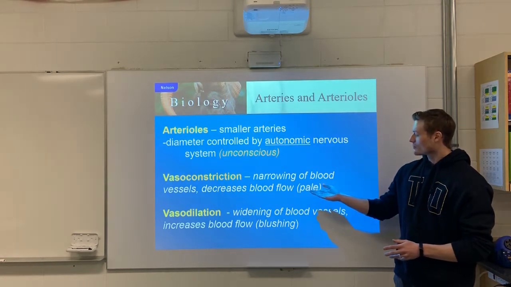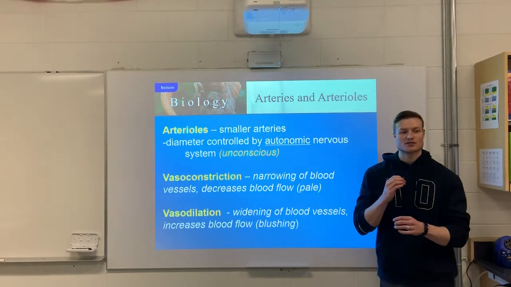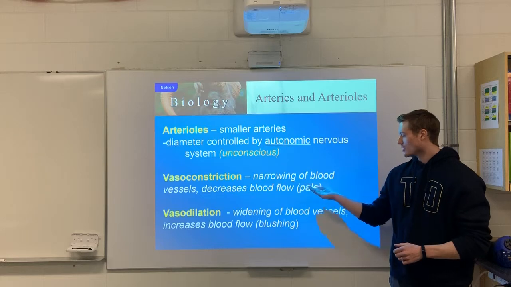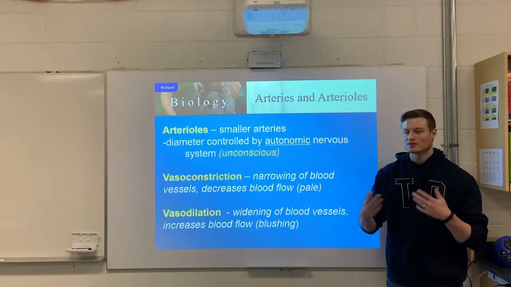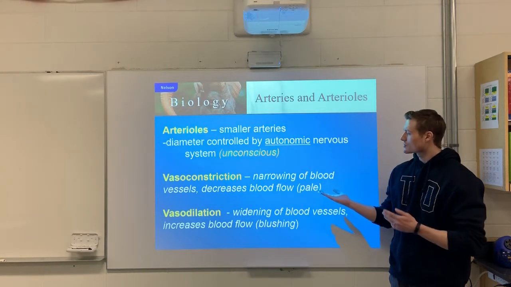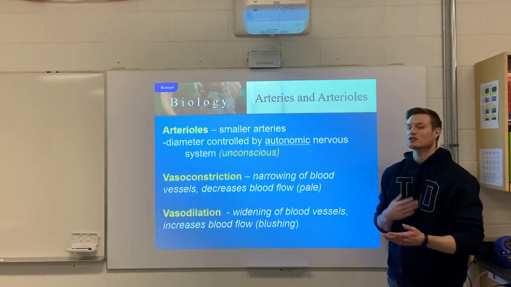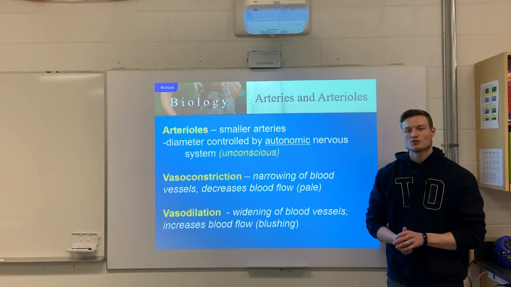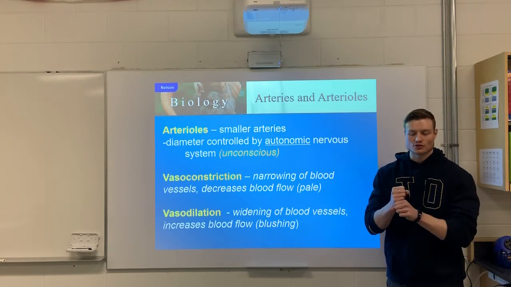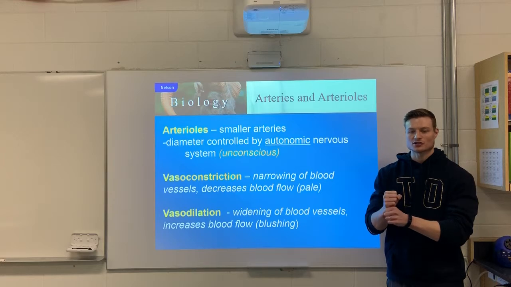For example, vasoconstriction would be our blood vessels constricting, getting smaller, and this would reduce blood flow. So a person might go pale because they're not getting enough blood flow to a certain area. You would do vasoconstriction when you want to conserve heat. You wouldn't want to be losing heat, so you're holding on to that, constricting your blood vessels.